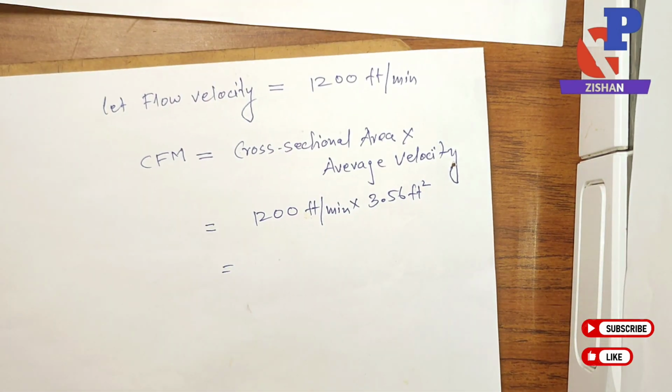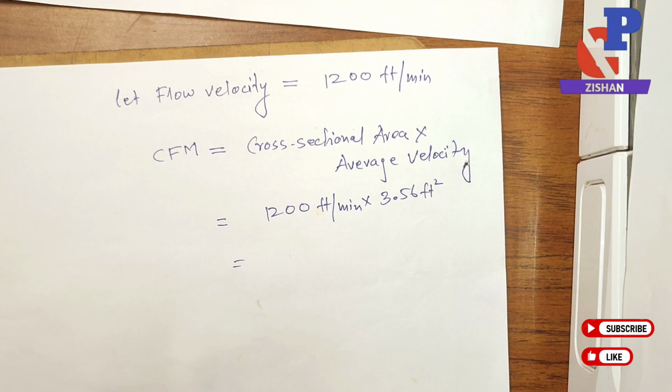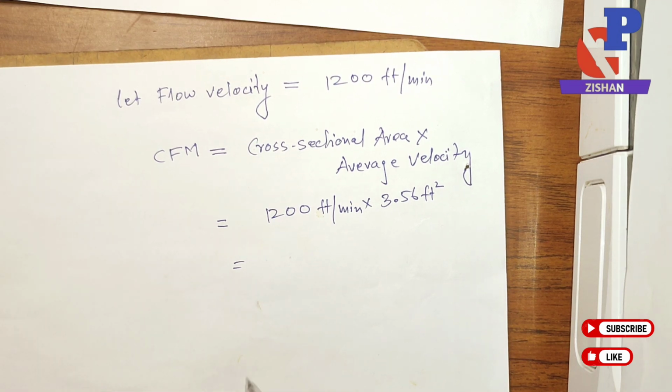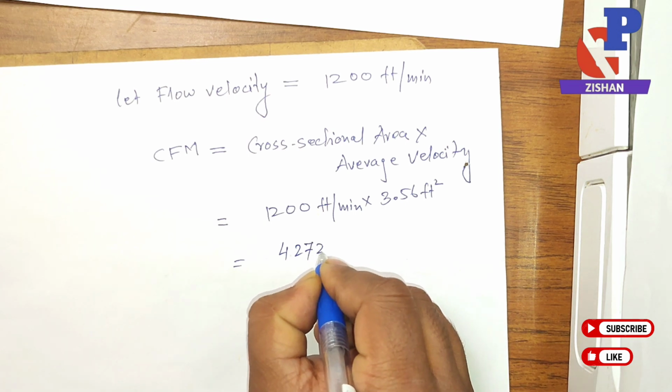After multiplying both, we found 4272 feet cube per minute.